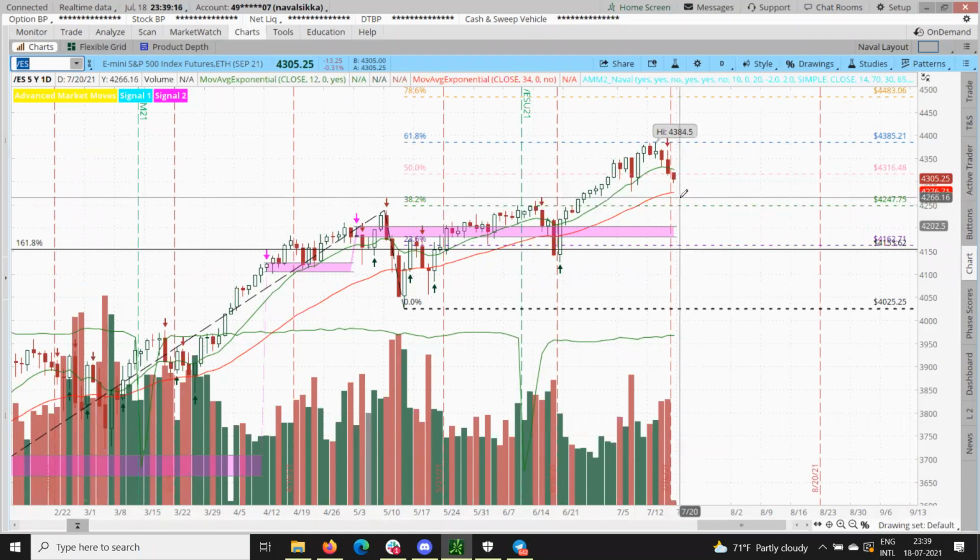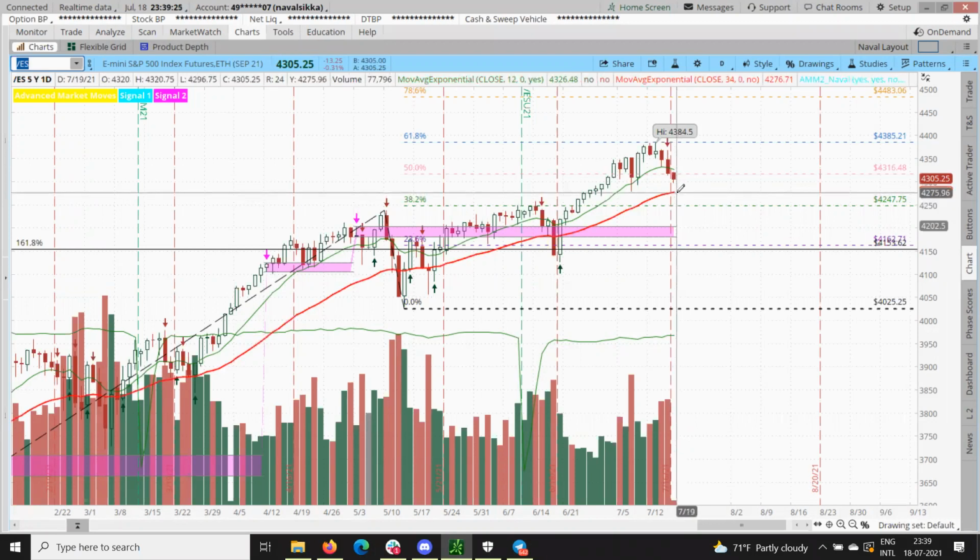Now, in order to break it down, the rest of the stocks are already down in the SPY. If you have to bring it down, Apple and Microsoft will also go down. Apple is on the verge of 61.8, which is like 146.2, and has a support at around 140. So it gives you an idea that yes, if the index has to go down, Apple has to go down, Microsoft has to go down.